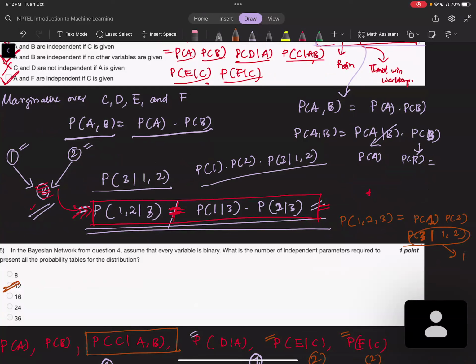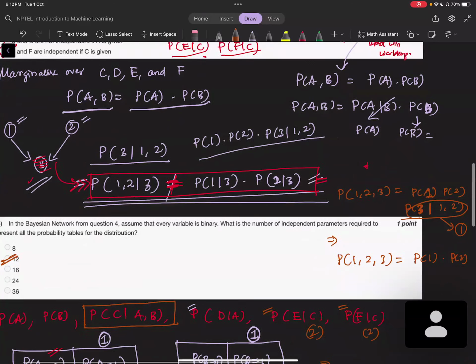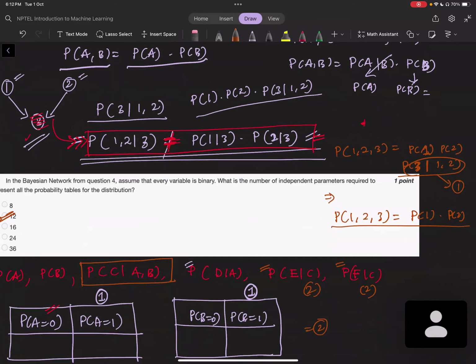Hence probability of 1, 2, and 3 will be equal to probability of 1 into probability of 2 only. And this says it is not independent, because independence holds when probability of 1, 2, 3 is probability of 1 into probability of 2 into probability of 3. Since this is not equal, it is dependent.